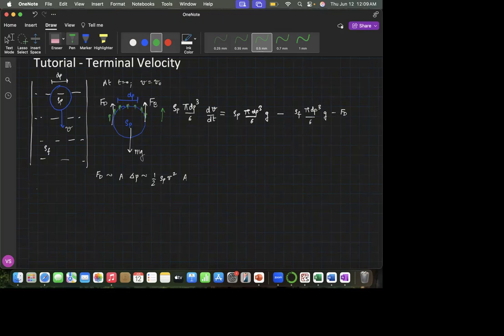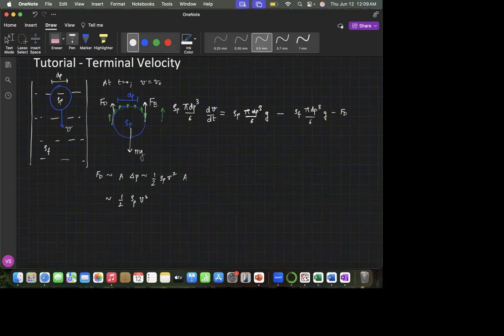So the area here is just the projected area of this particular sphere. So this goes as half rho_p v squared times the projected area.